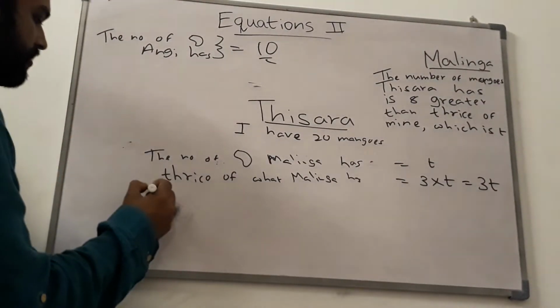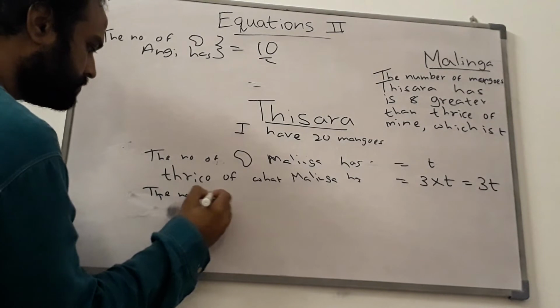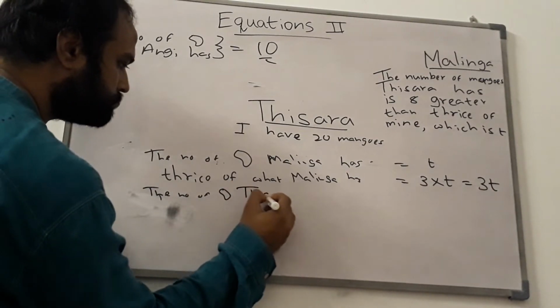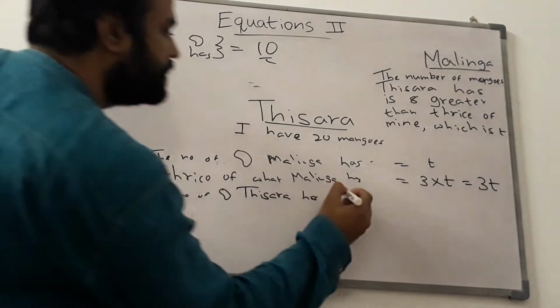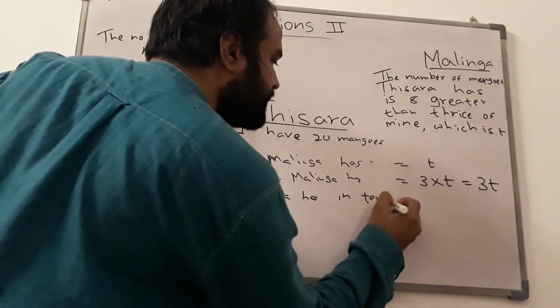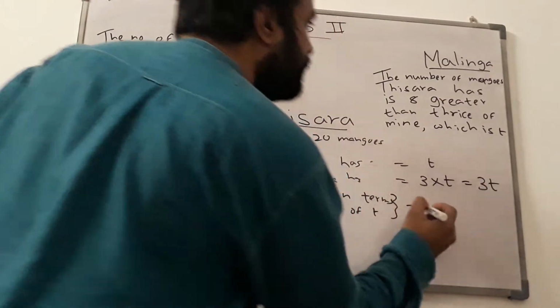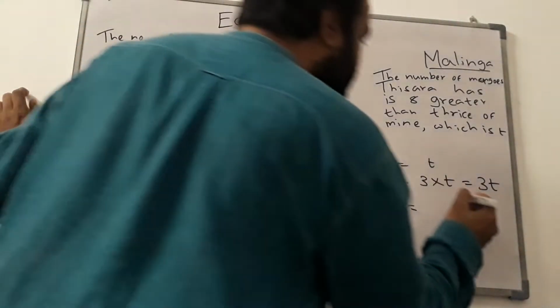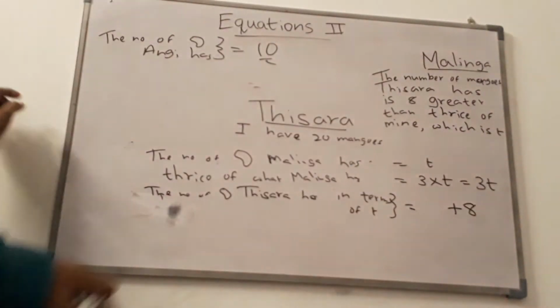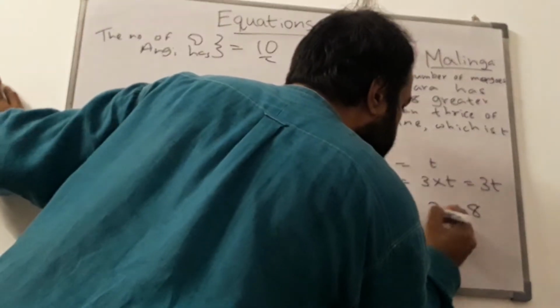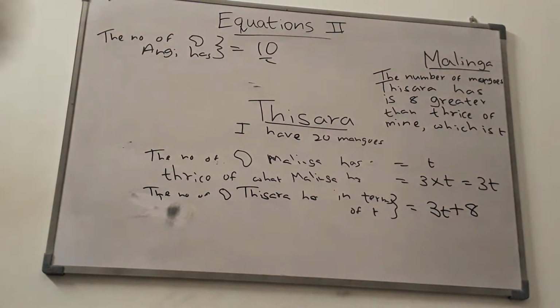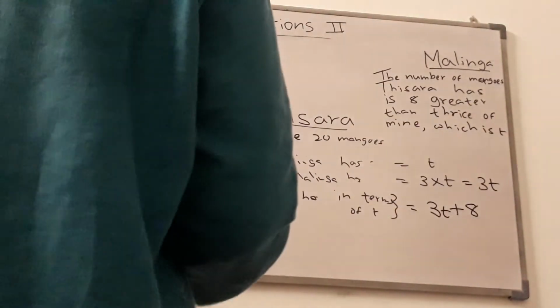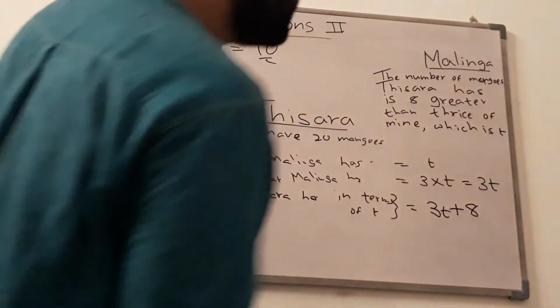So the number of mangoes Tissara has in terms of T, or in terms of what Malinga has, is 8 greater than thrice of what Malinga has. Malinga has T, thrice of that means 3T. So 8 plus 3 times T, which is 3T plus 8.